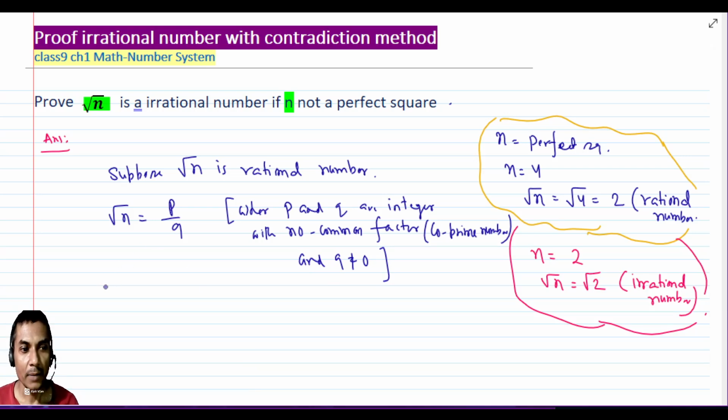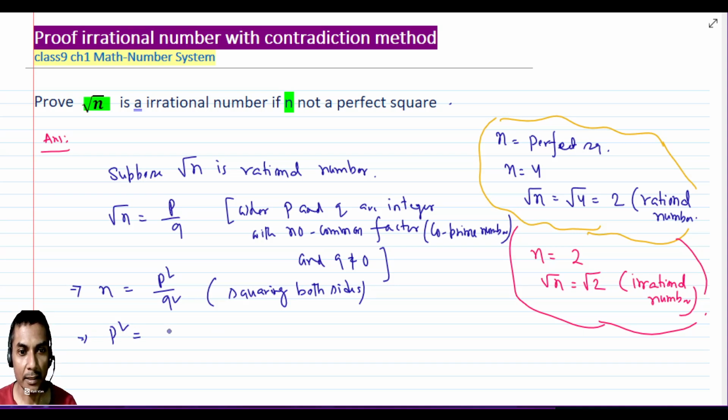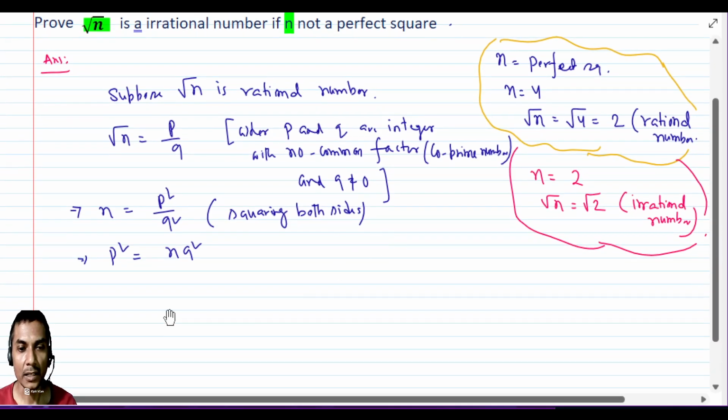Then if we square both sides, what will we get? Squaring both sides, n is equal to p square by q square. So we can get from here, that is, n q square equals p square (statement 1).